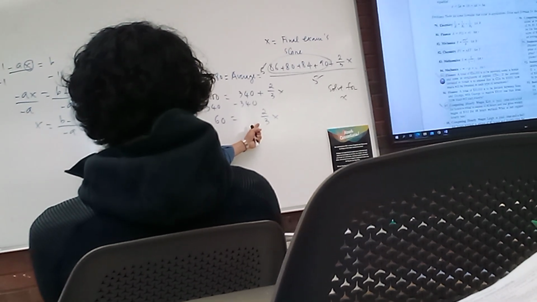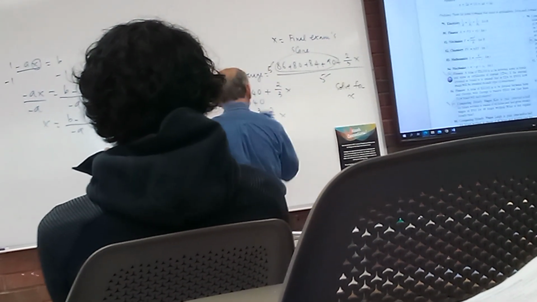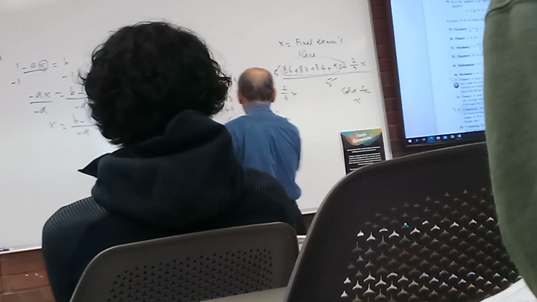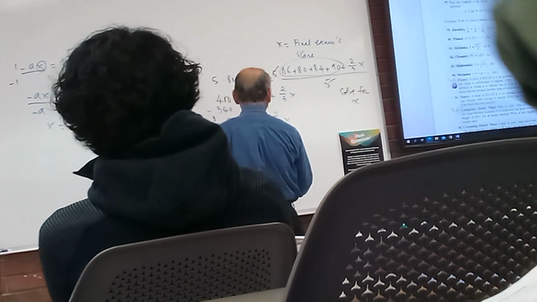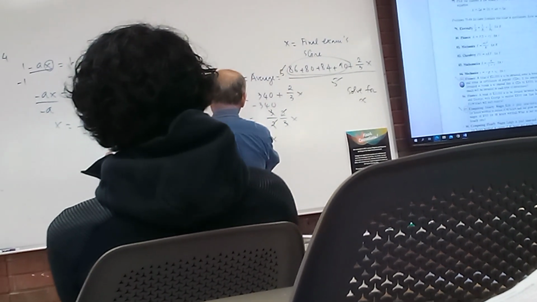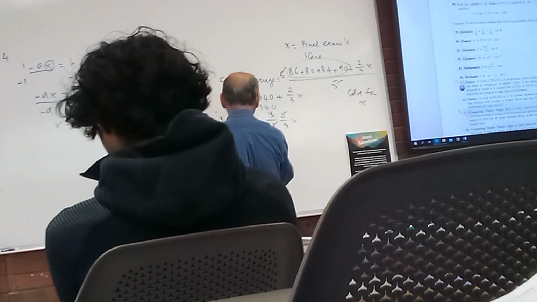That's the same thing, so 3 halves. So that's 2 and 3, so that's x. 60 divided by 2 is 30. 30 times 3 is 90.